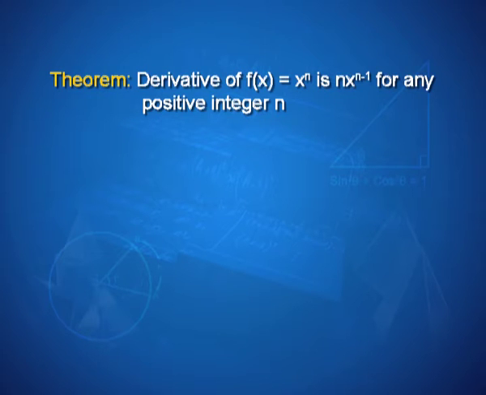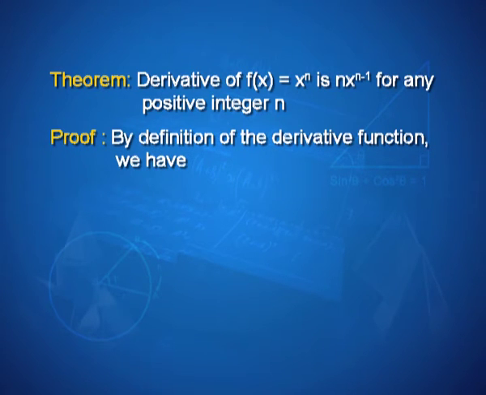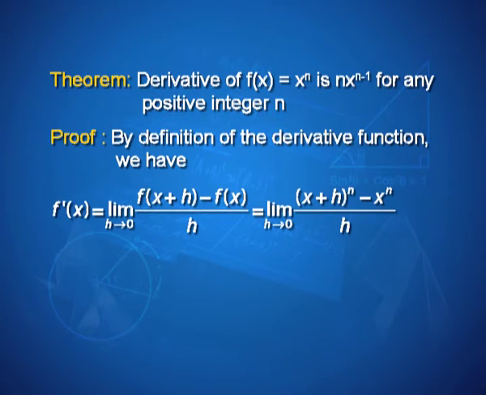Look at the proof. By the definition of the derivative function, we have f'(x) is equal to limit of (f of x plus h minus f of x) upon h as h tends to 0, which is equal to limit of ((x plus h) whole raised to n minus x raised to n) upon h as h tends to 0.